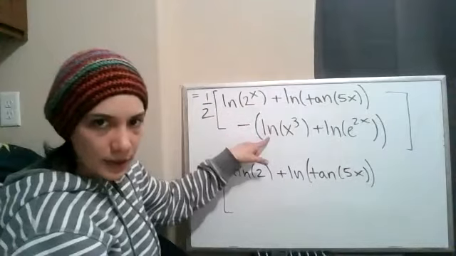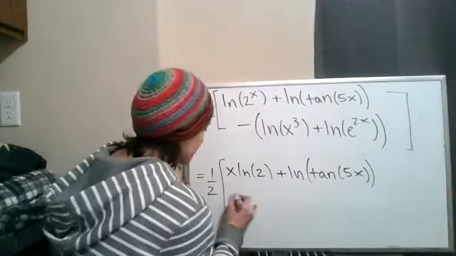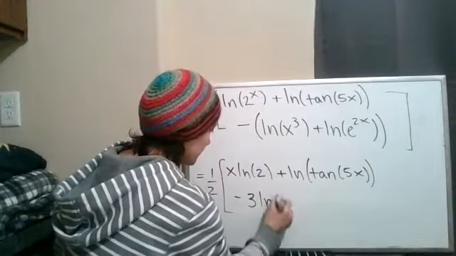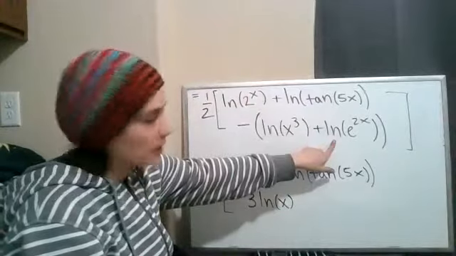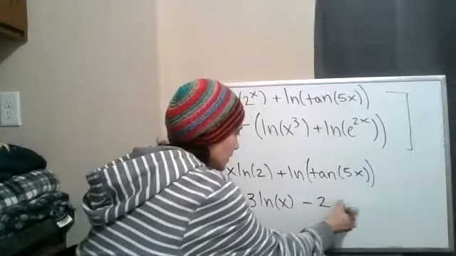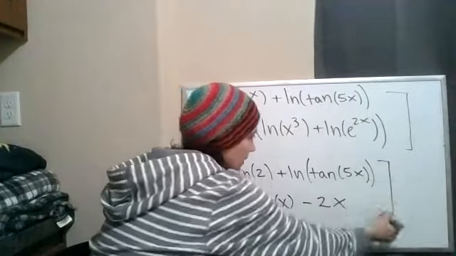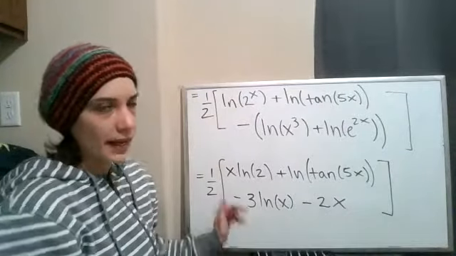Subtract this part, 3 ln of x, and then subtract that term right there, which is minus 2x. Okay, and all that work was just rewriting ln of y.